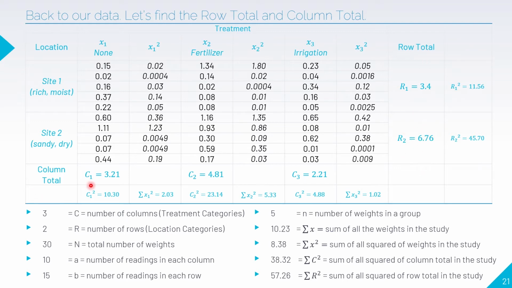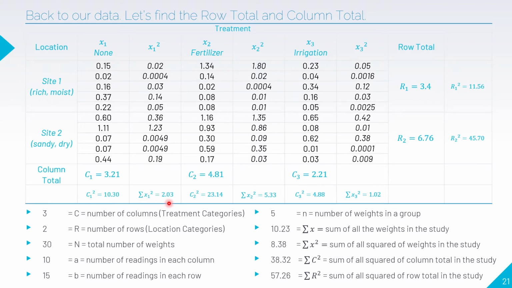Now that we have our row and column totals, let's find x squared because we'll be using it later, as I've said many times. 0.15 squared, that one, and we have 0.02. Square this one, square this one, square them all and add them all, and we have our summation of x sub 1 to our second power.